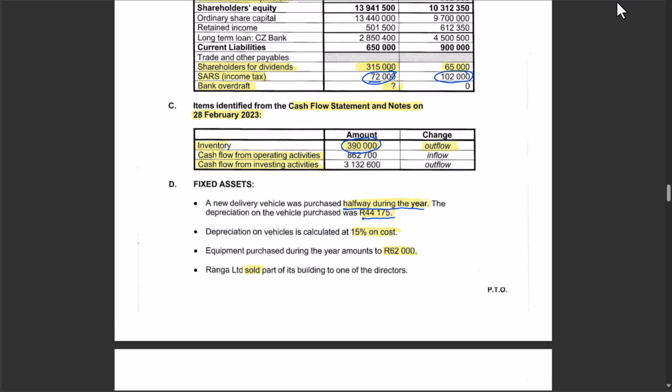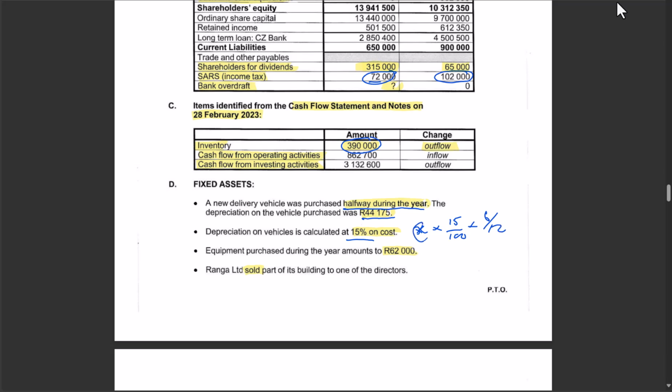Remember, 15% is per annum, so it's basically half of the total depreciation calculated. So you just reverse the way you calculate depreciation, because for you to calculate this depreciation, you are going to say x multiplied by 15 over 100 times 6 over 12. That's how you're going to calculate.